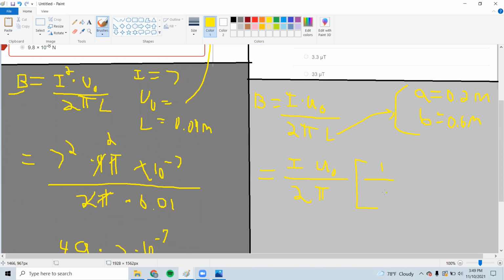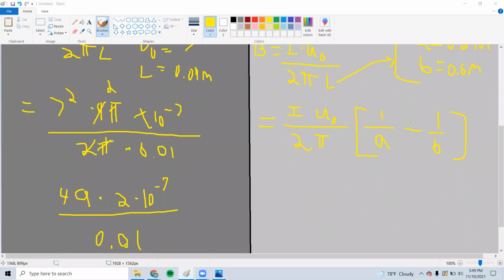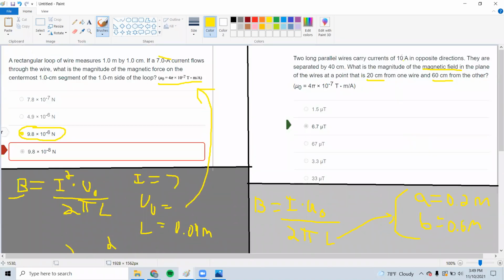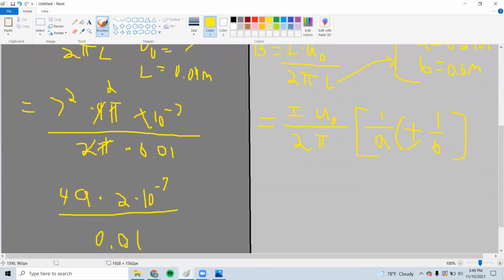So we basically just do 1 over A and then 1 over B, just like that. Since the currents are going in opposite directions, as stated right here, this plus sign is actually just going to be a minus sign.